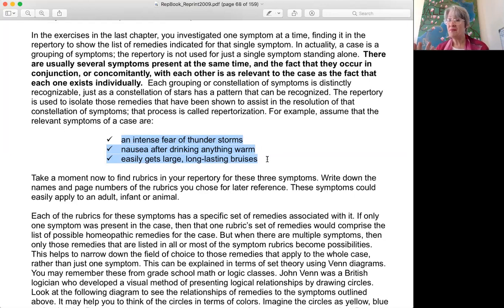Does it seem likely that the average person reacts to thunderstorms in that way? Seems a little unlikely. And so that's what tells us, oh, this is a strong and striking clear symptom.